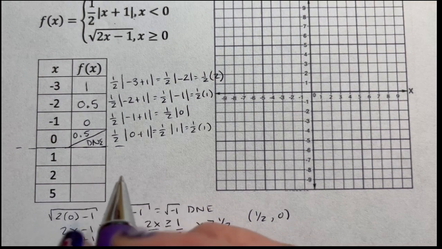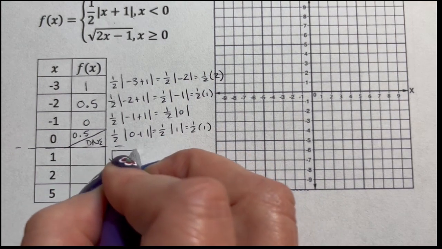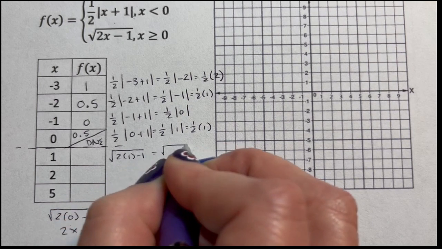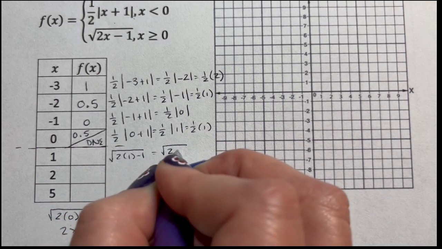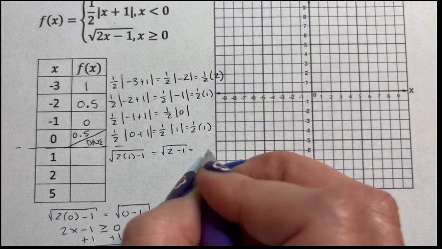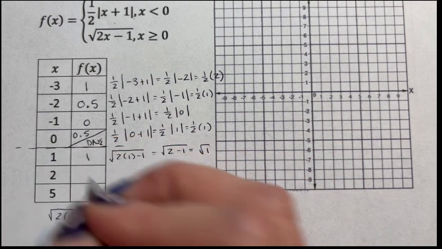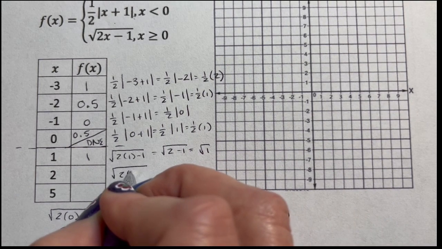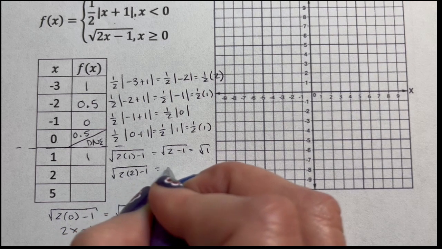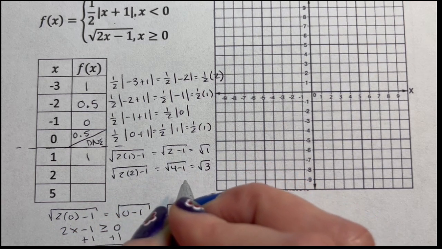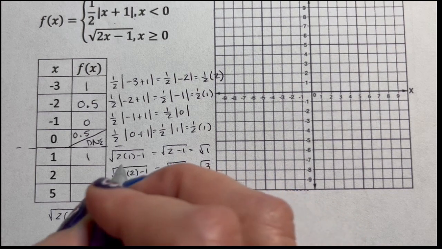All right, let's look at 1. Square root of 2 times 1 minus 1 is the square root of 2 minus 1, which is the square root of 1, which is 1. Square root of 2 times 2 minus 1 is the square root of 4 minus 1, which is the square root of 3. The square root of 3 is about 1.73.